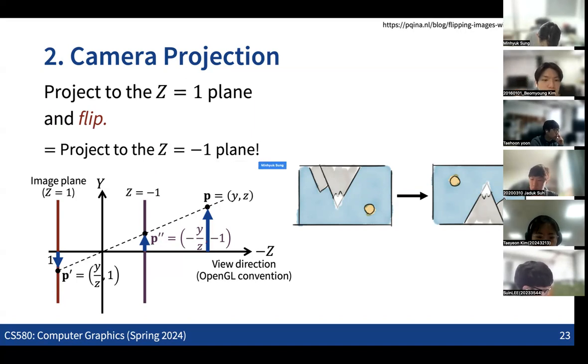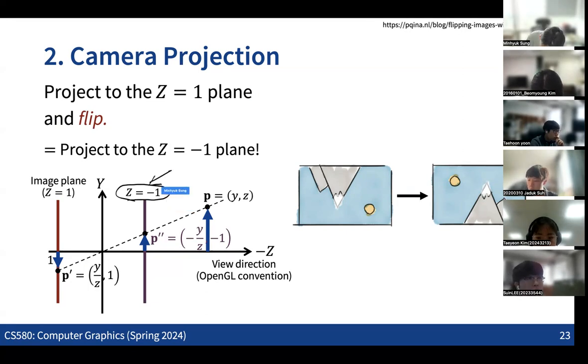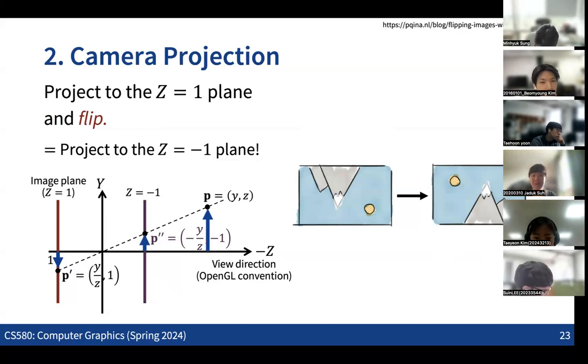So instead of doing these two steps, we can just project onto the z equals minus 1 plane. Then we get these coordinates, P double prime, which becomes minus y over z and minus 1. This is the coordinate we want to see through the projection, the same as projecting onto this image plane.